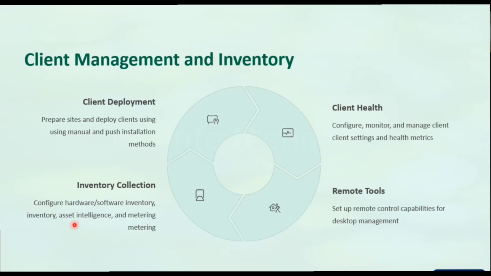Inventory collection, we'll talk about configuring hardware and software inventory. This software is so robust that it can help you configure and assess what your hardware configuration is and what your software is, all through asset intelligence. You can look around and see which application is being utilized and at what level.